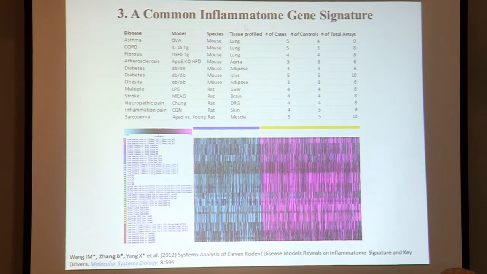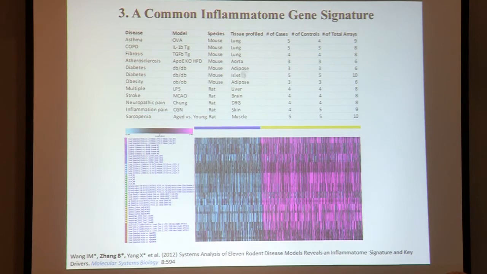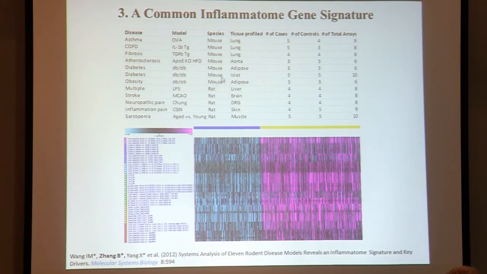For the inflammatome signature, we have 11 mouse models covering 8 different diseases, including cancer, obesity, diabetes, COPD, and asthma.